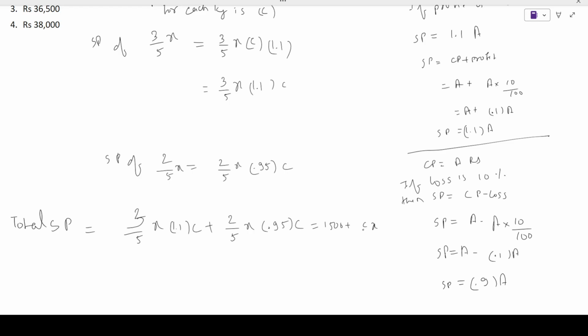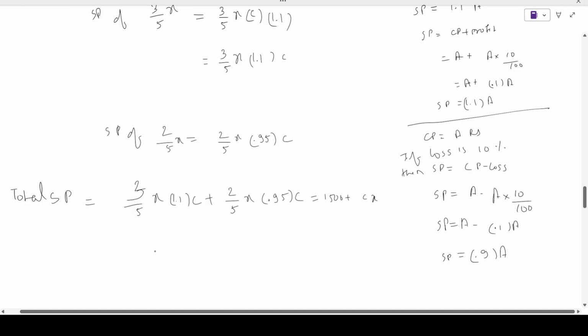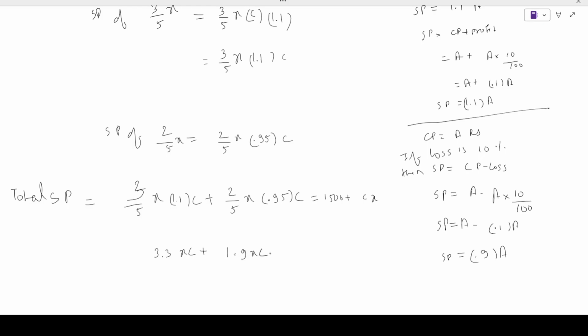Cost price is x times C. So solving this we have 3.3 xC plus 0.95 into 5, that is 1.9 xC, upon 5 is equal to 1500 plus xC.